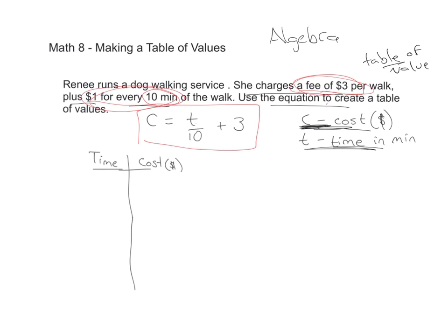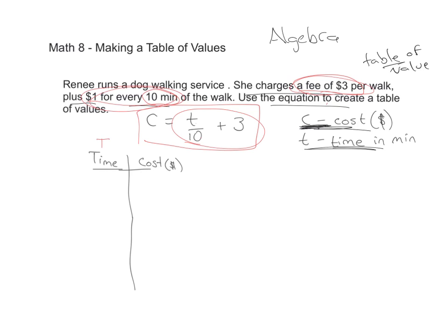So this is what we want to do. We want to build a table of values. Basically all I do is write down my variable. This is usually the variable that's with the numbers. For example, in this case, T is with all the numbers on one side, so time.